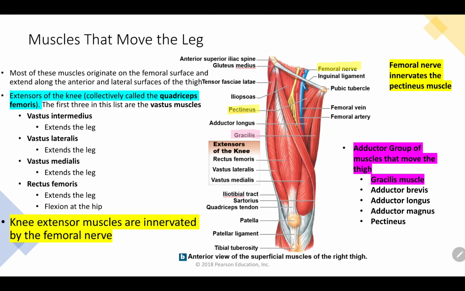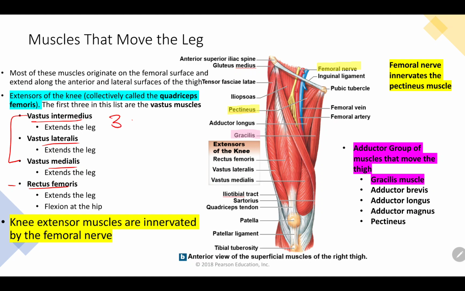And when we're looking at muscles that move the leg, we have these knee extensors, or extensors of the knee. These are going to be the quadriceps. Now, these quadriceps muscles are these vastus muscles plus the rectus femoris. So the vastus intermedius, vastus lateralis, vastus medialis, and rectus femoris.